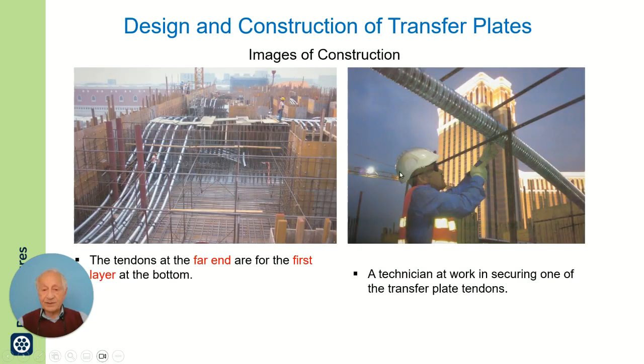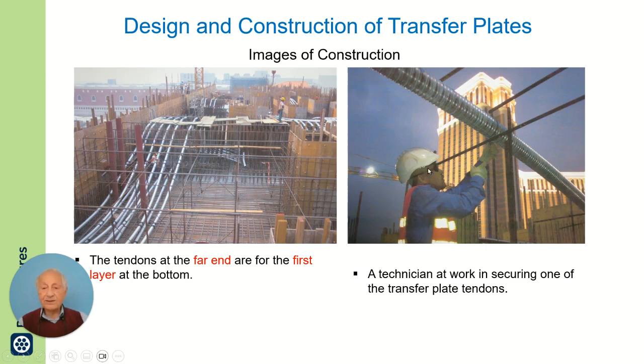These 2 images are construction views of the transfer plate we just looked at in the previous figure. This shows at the bottom the post-tensioning of the lower layer, and this is the post-tensioning of the bottom and top layer.